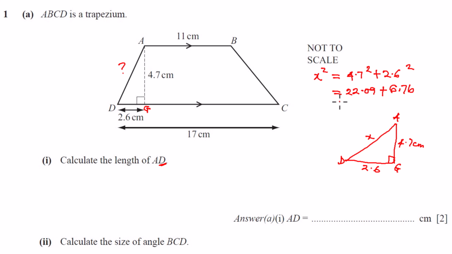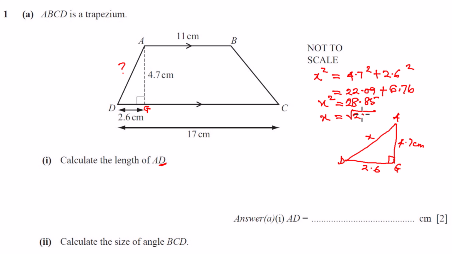Adding the two together, I have 28.85. So x squared is 28.85. You already know what to do here. Just find the square root of both sides.